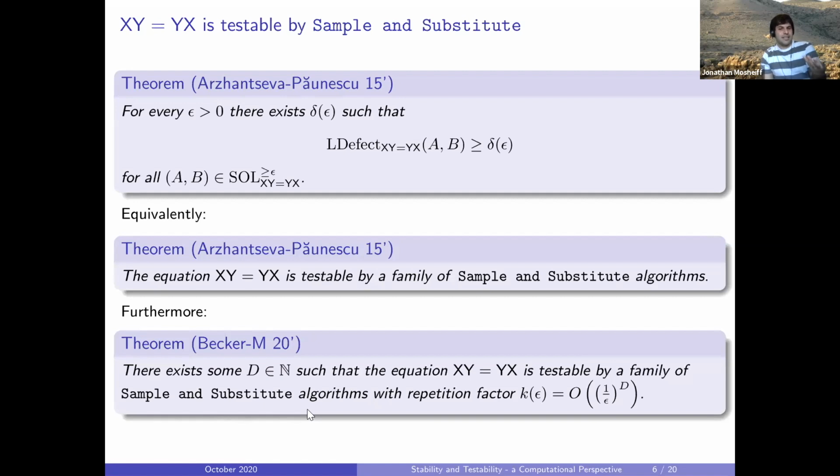So this means that not only can we test this equation using sample and substitute algorithms, but we can do it by taking k whose dependence on epsilon is polynomial in 1 over epsilon, and not, in theory, a much larger function of epsilon. Okay, so that pretty much settles the question of testing xy equals yx in permutations.